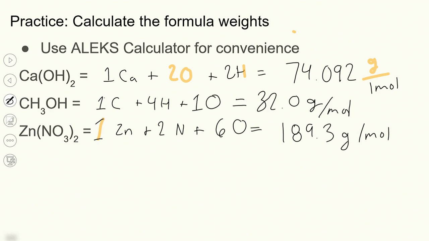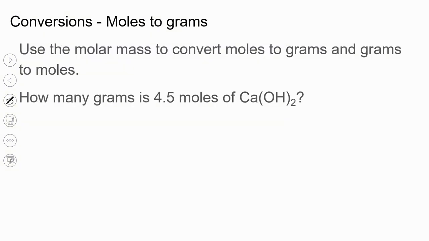You can also check my work. Maybe I got this wrong last year. Okay. So molar mass is a conversion factor. If we have moles and we need to get to grams, we can use that conversion factor for that compound. If we need to go the other way, if we have grams, we need to get to moles, we can get that conversion using our molar mass.